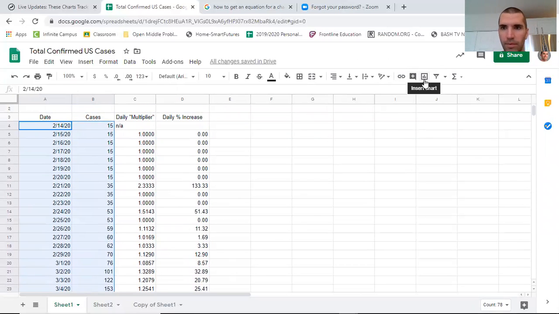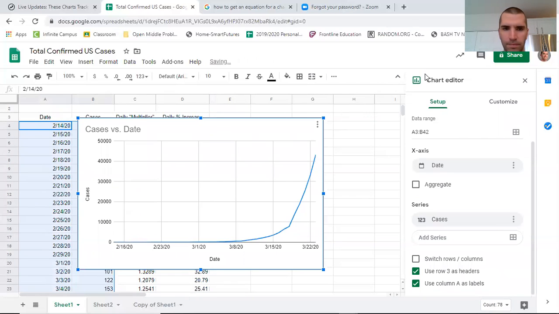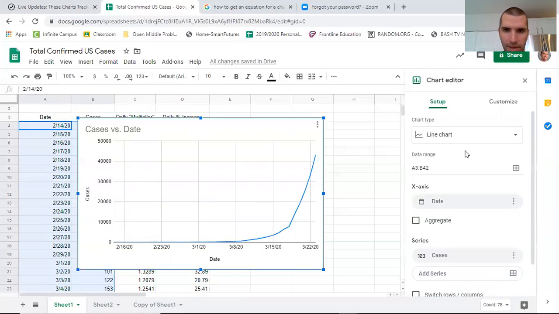Then we go over here to insert chart, and you may have to scroll up a little bit on the side. We can make it a line chart, and you can see that it is an exponential growth equation. Our x-axis is labeled date, the y-axis is labeled cases, and we have all of our dates and our cases up here.